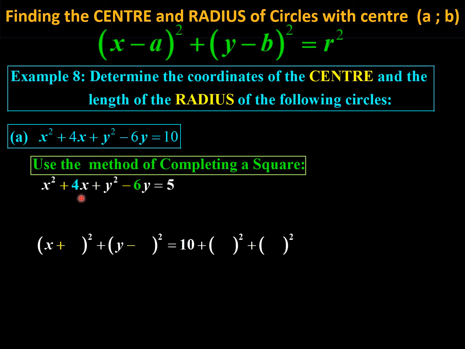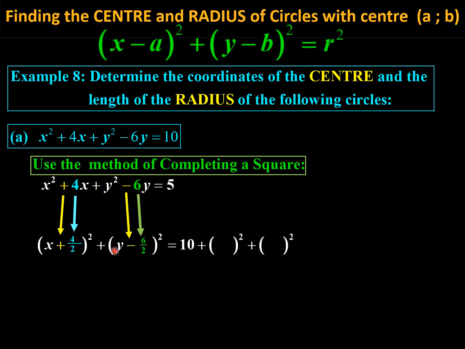Here, when we completed the square, we needed to take half of that. And what is half of 4? 4 over 2, which is actually 2. So that positive will remain a positive, and that negative there will remain a negative. Let's sort out the signs first. Half of 4 will be 4 over 2, which is 2. And half of 6 would be 6 over 2, which is 3.